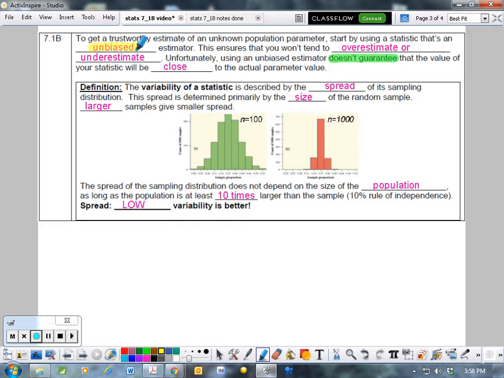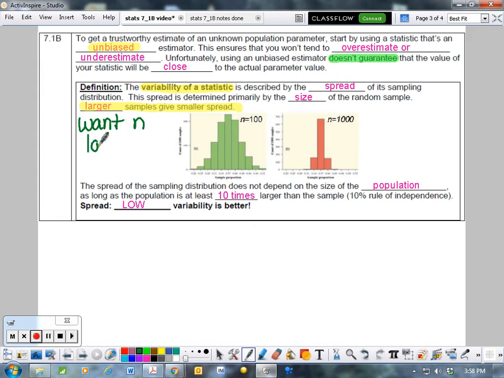Now, the variability of the statistic is described by the spread of its sampling distribution. This spread is determined primarily by the size of the random sample. Larger samples give smaller spread. And n is our sample size.